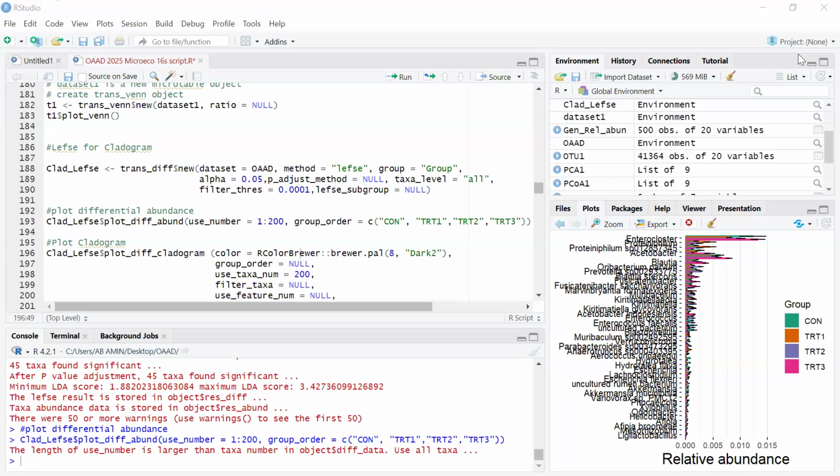Like these ones having the highest abundance, these ones having the lowest abundance in all the groups, and this is the relative abundance. But we limit it to the 1 to 200 taxa. So it doesn't really say anything here until we get to the LEfSe.